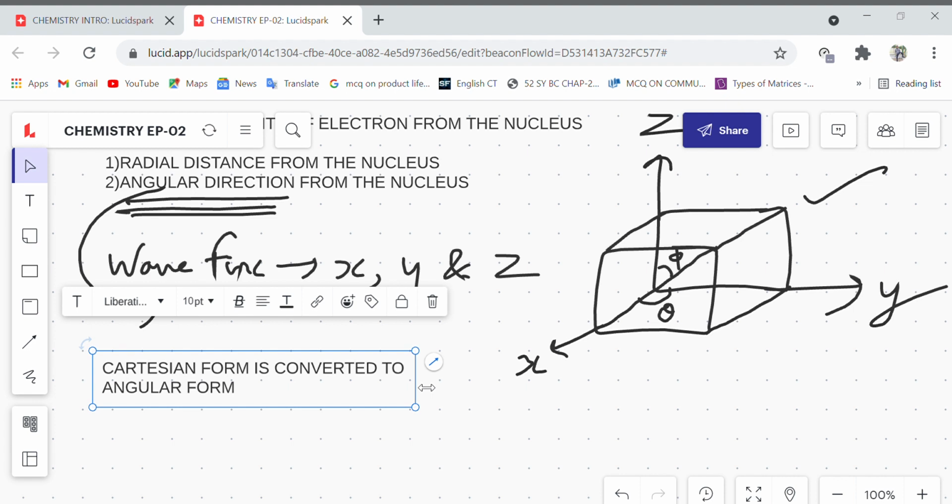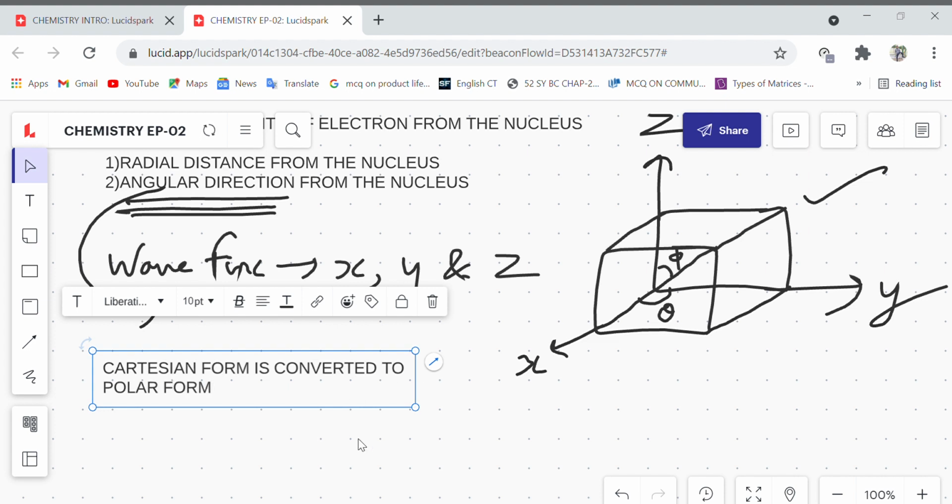So when we are talking about angular direction, it is quite difficult to deal with x, y and z coordinates. So the Cartesian form is converted to polar form, not angular form. Sorry, by mistake I said angular form.